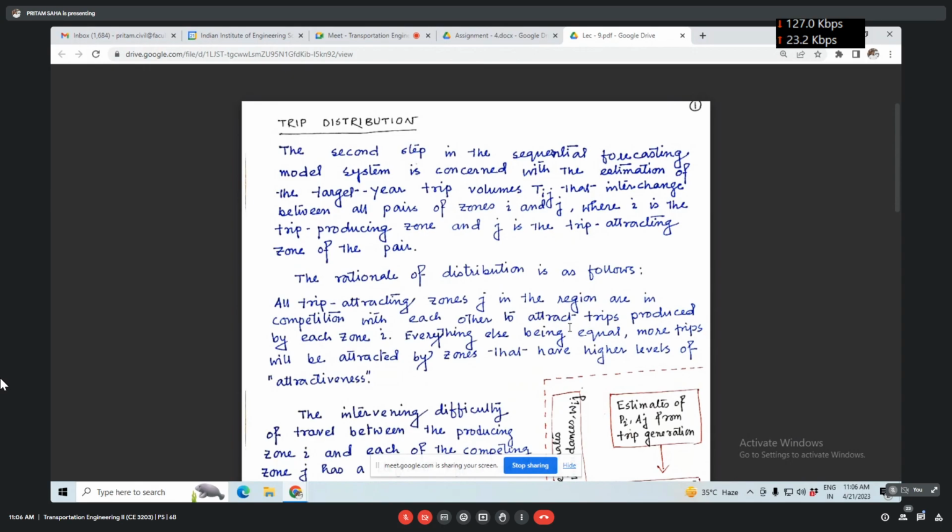Last day we discussed that we have to draw the cordon line. Whenever we are demarcating the cordon line, we have to understand one thing: if we consider only the current city limit, it may not be valid 10 years, 15 years, 20 years, 30 years down the line. Why?